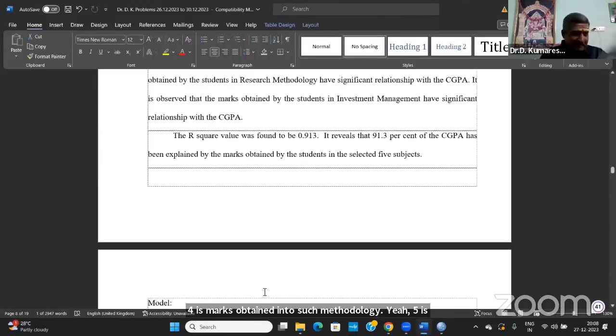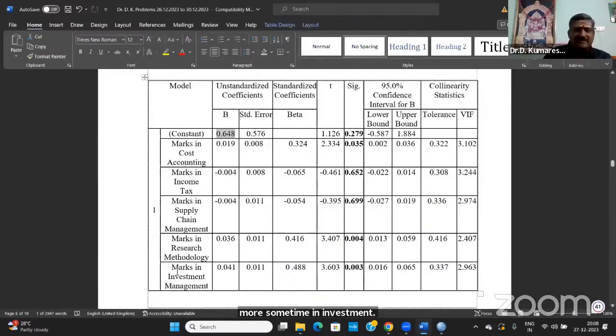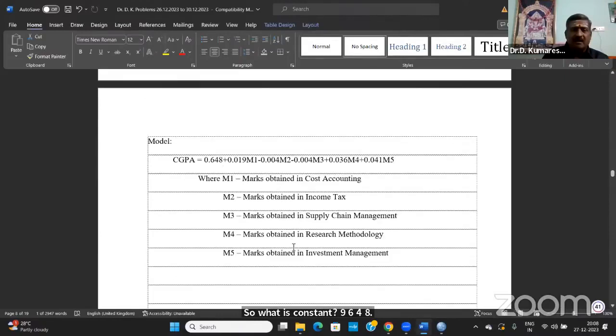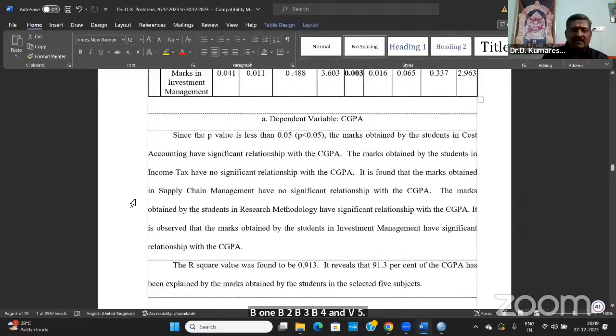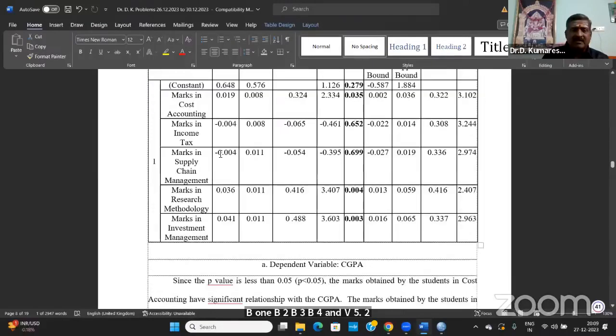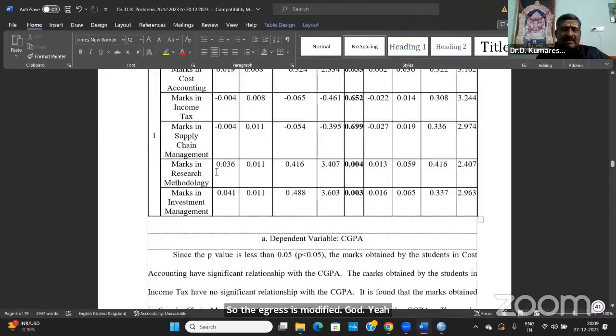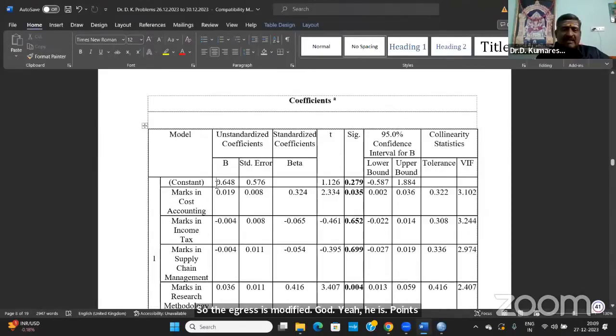So what is the constant? 0.648. Now we will substitute the values of B1, B2, B3, B4 and B5. B2 and B3 are negative. So the equation is modified. Constant, first one A. A is 0.648. It is positive.